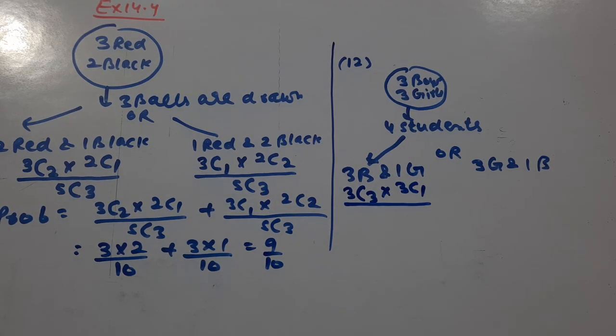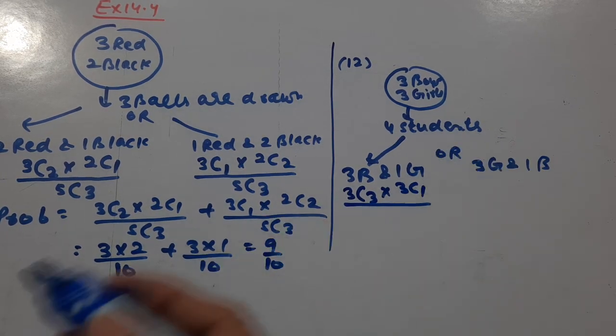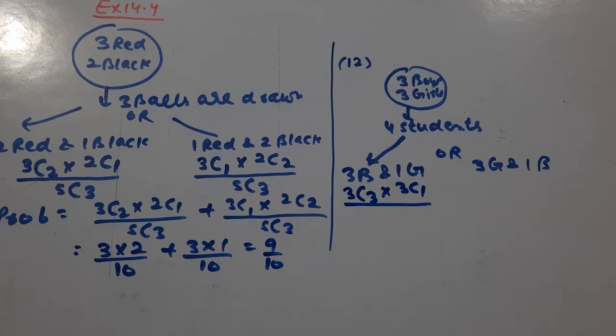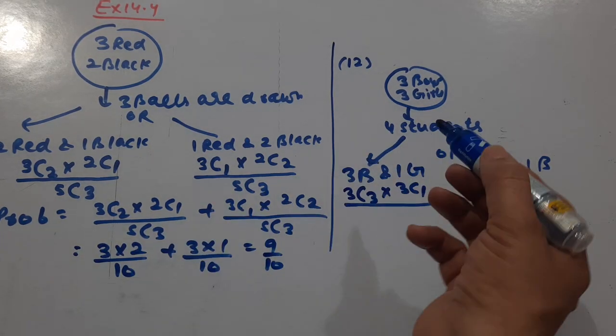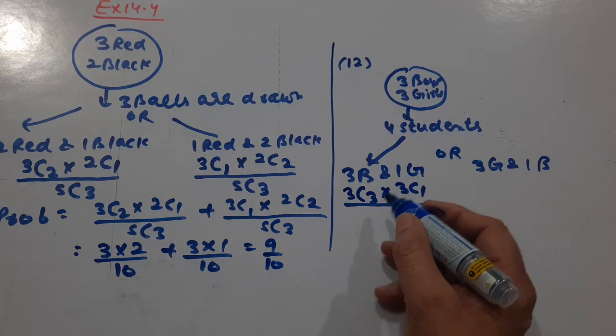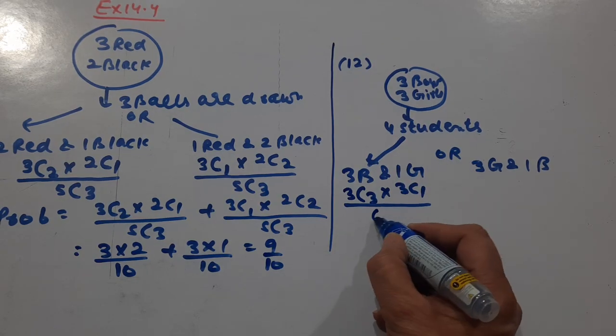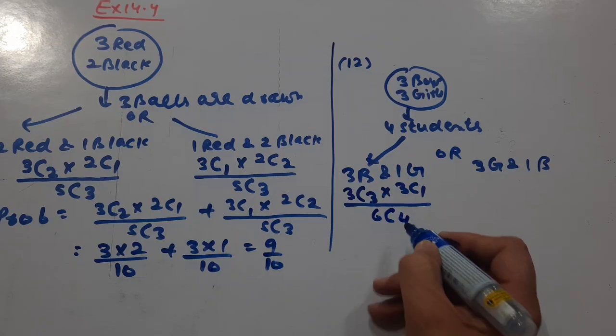And total number of cases, there are 6 persons, or we can say there are 6 students, 3 boys and 3 girls, and 4 students are to be selected. So 4 students out of 6 can be selected in 6C4 ways.